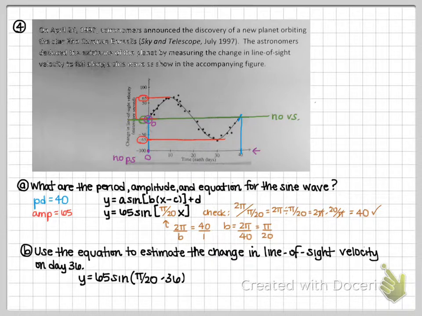Now, the entire lesson, this is the first time I've grabbed my calculator. I don't need my calculator for anything before this, but for this one, I do. And if I type it in, I get negative 38.2060. And I believe it was meters per second. All right, that's our notes for 4.5.